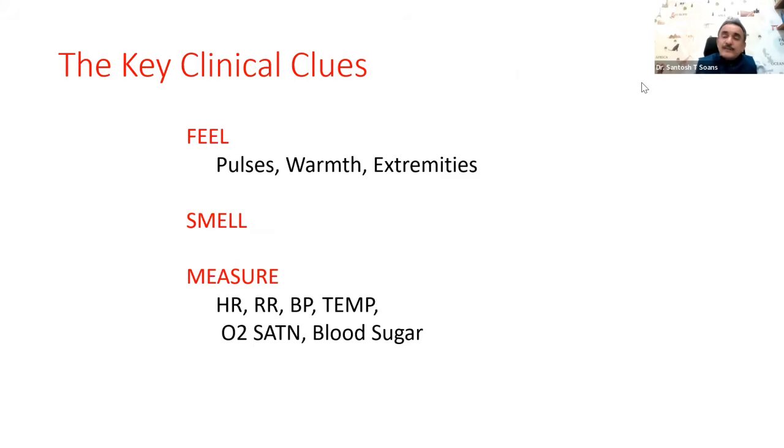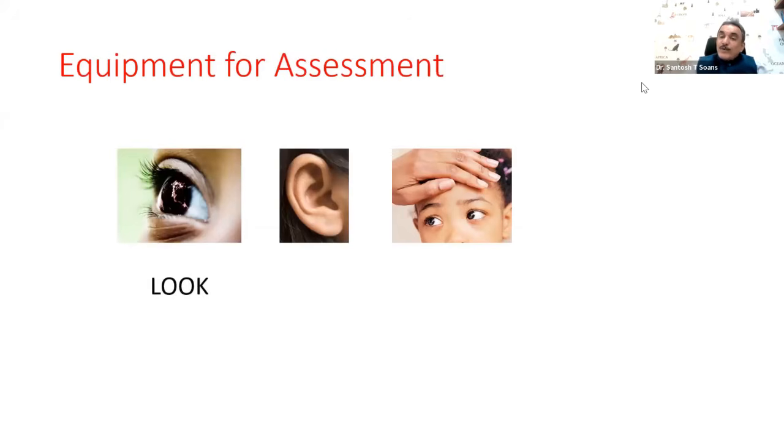Now there is always a fourth sign other than your heart rate, respiratory rate and temperature: BP and oxygen saturation. All of us know during this pandemic how much the pulse oximeter was used. For everything we would check the pulse oximeter to see whether the saturation is normal or not. So what is the equipment for all these things? You just need your special senses.